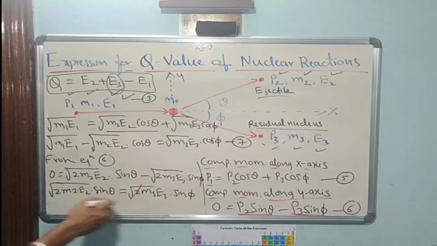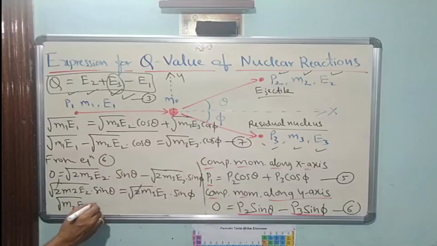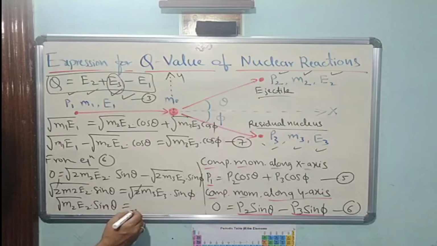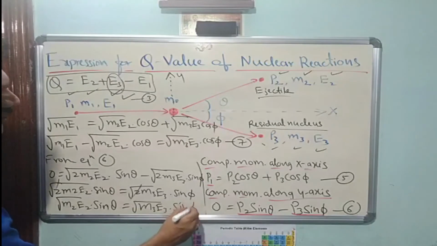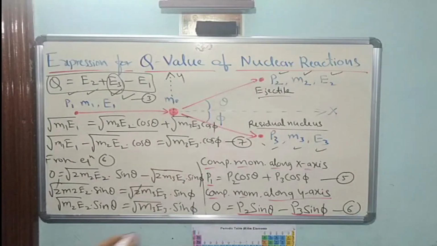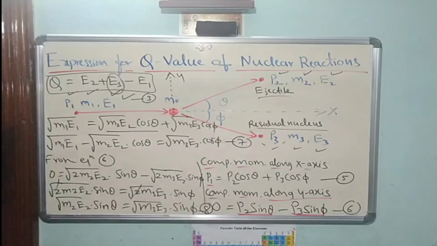Now again you can cancel this square root on both sides, so left with only square root of m2 E2 into sin theta is equal to square root of m3 E3 into sin phi. Clear? So this equation is, I think, equation 8 you can take.